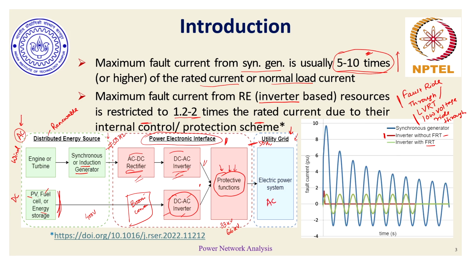Eventually, if the faults persist, the system will experience a blackout condition, but at least only the non-healthy part of the network remains isolated. The healthy parts should still continue supplying the load, still continue operating even during voltage sag or swell conditions, and that is the essence behind FRT or LVRT.